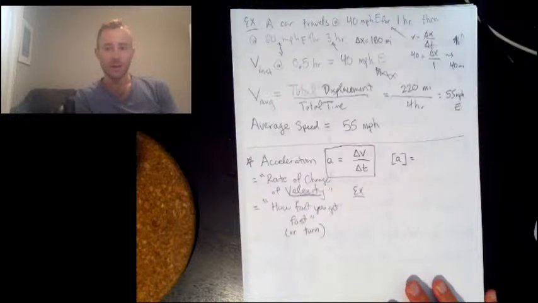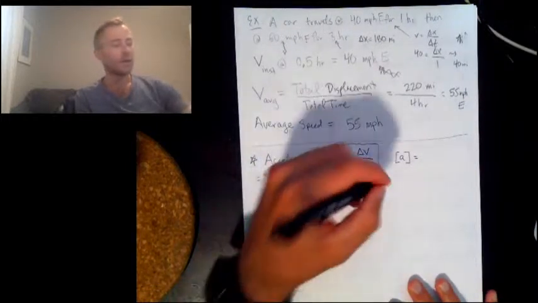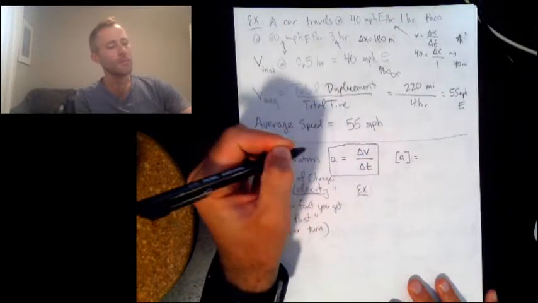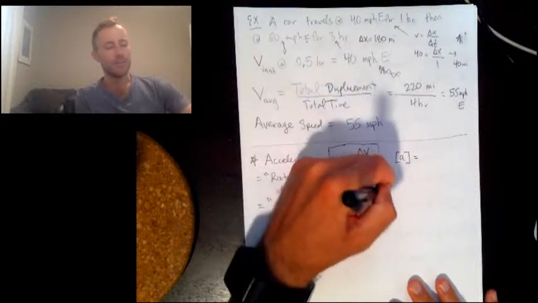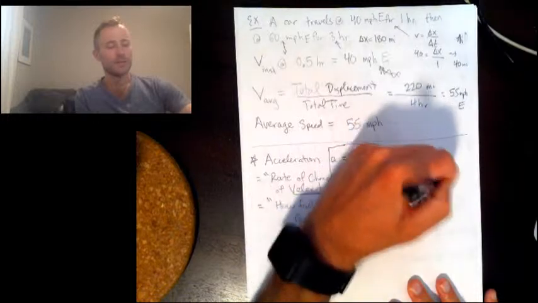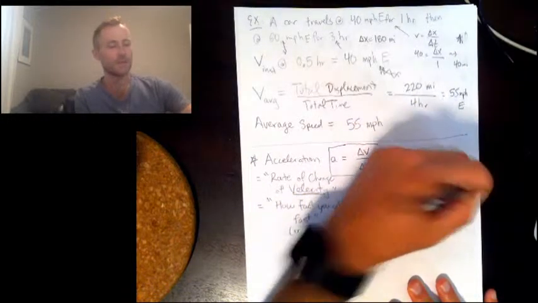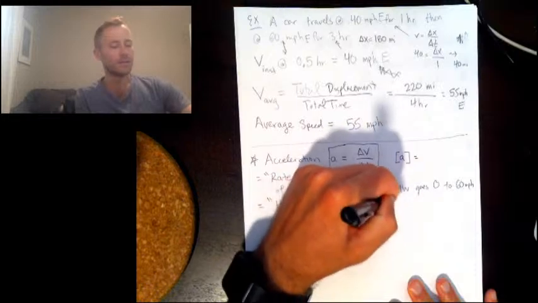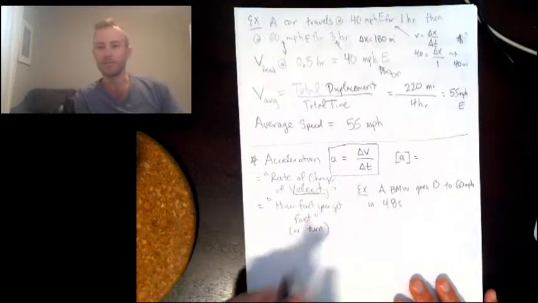You ever hear about 0 to 60 times for a car? So let's say that a BMW goes 0 to 60 miles per hour in 4.8 seconds. What is the acceleration?